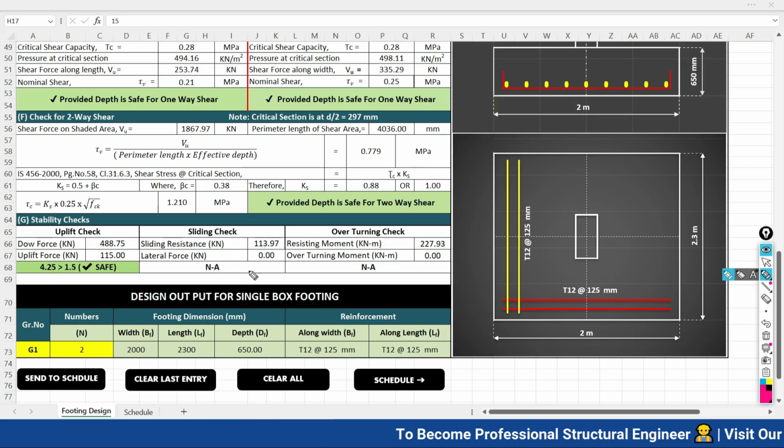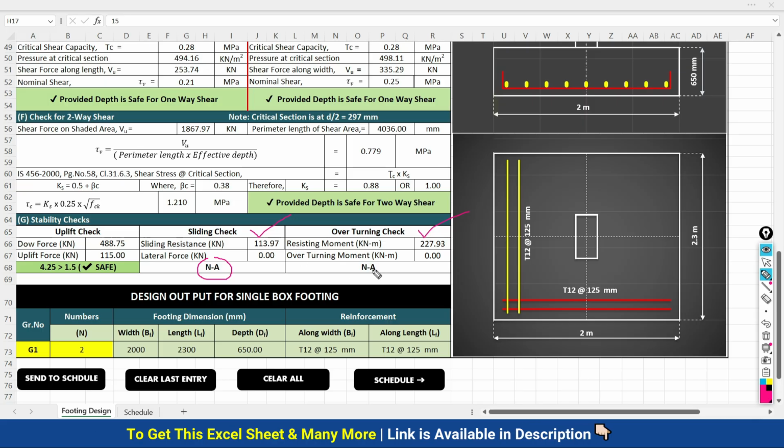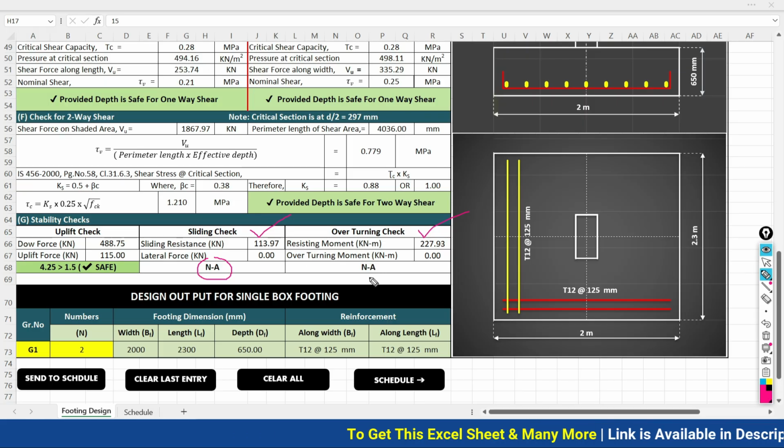But for the sliding check, there is no need to perform it because the lateral load is not there, so there will be no chance of shifting of your foundation. And when there is no lateral load, there will again be no chance of overturning. So that's why we don't need to perform the sliding check or the overturning check. In both cases, it is safe and not needed when your column is resting at the center of your footing.